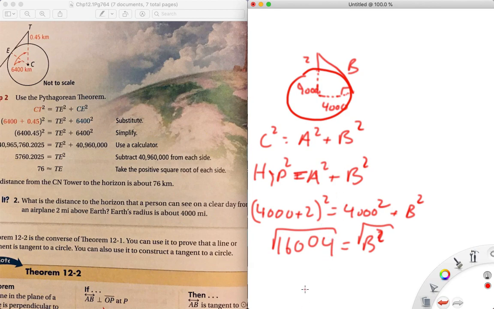So I get the distance is going to be 126.5 miles.